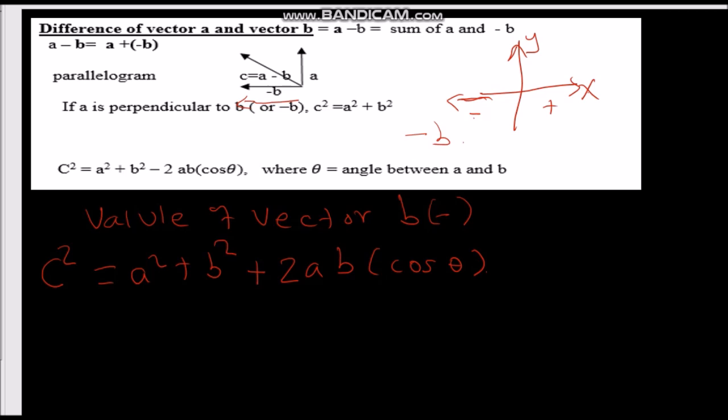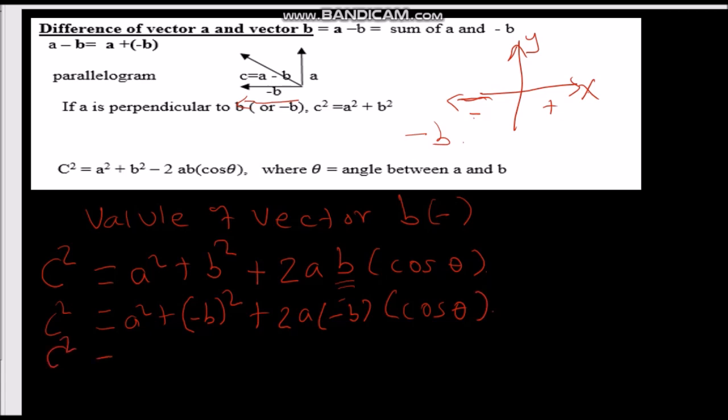But the value of b is negative, because when we put it on the xy plane, its value is negative. Then C squared is equal to a squared plus minus b the whole squared plus twice of a into minus b cos theta.